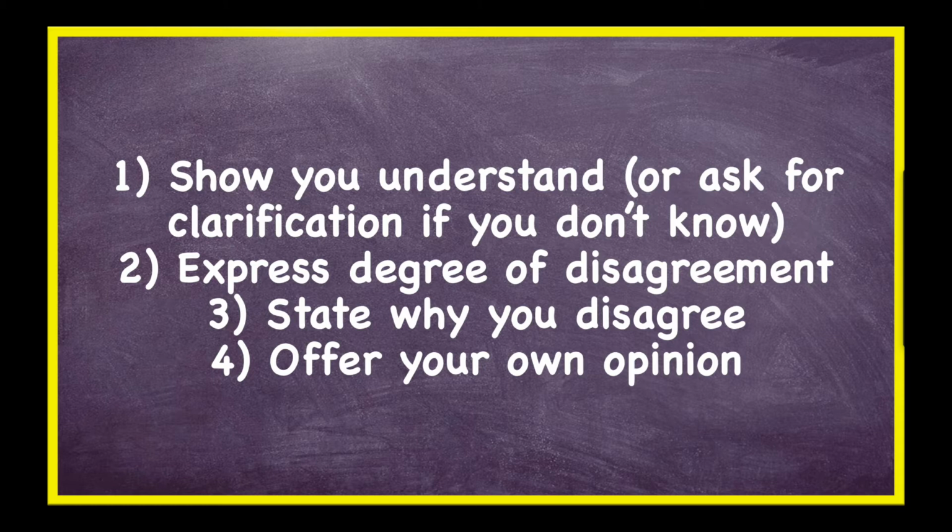And we'll go over that in a minute, whether it's weak disagreement or strong disagreement. All right, because there is a difference in how you express that. And then state why you disagree. What are they wrong about? And then finally, very importantly, offer your own opinion. So don't just end it with you disagree. You got to say why you disagree and then what it is that you think instead. Right, so we're going to go through this step by step.